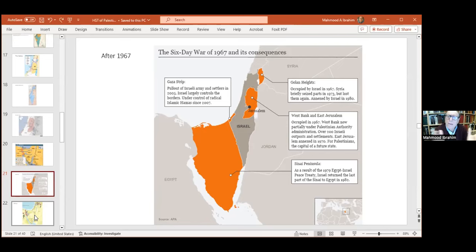It just boggles the mind how unprepared the Arab governments were in their rhetoric to defend Palestine, which of course brings us to the point where the Palestinians said, enough is enough. We are going to lead our own national liberation.